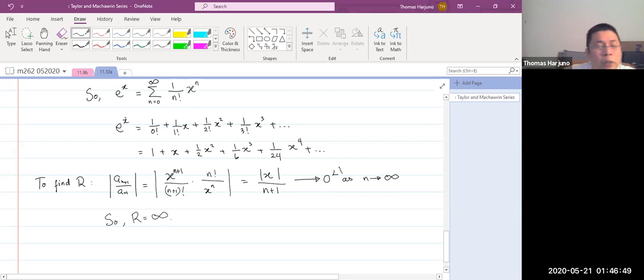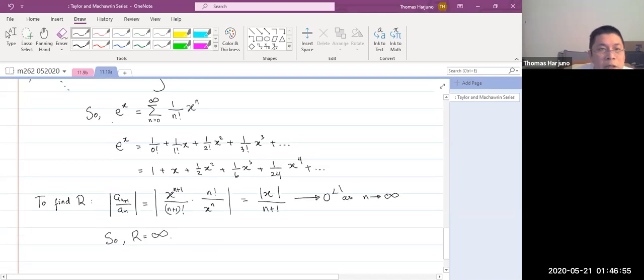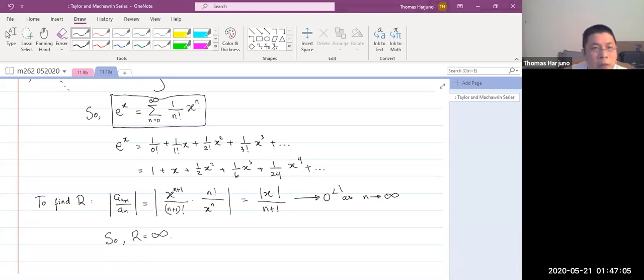Which means this series that we have earlier can approximate the value of e to the x for whatever x. For whatever x, this series can approximate that very, very well. Of course, the larger the x, the more terms we may need.